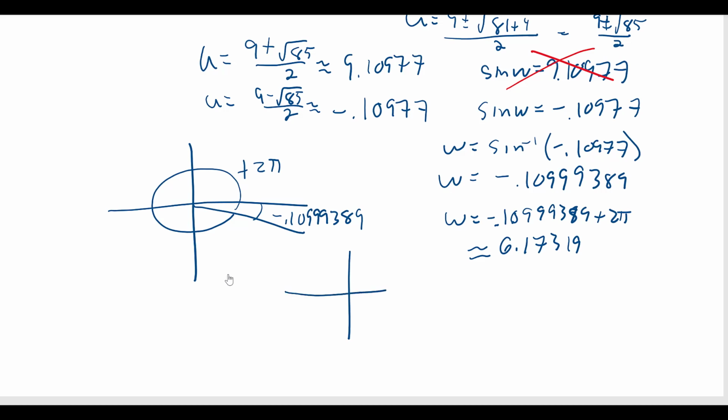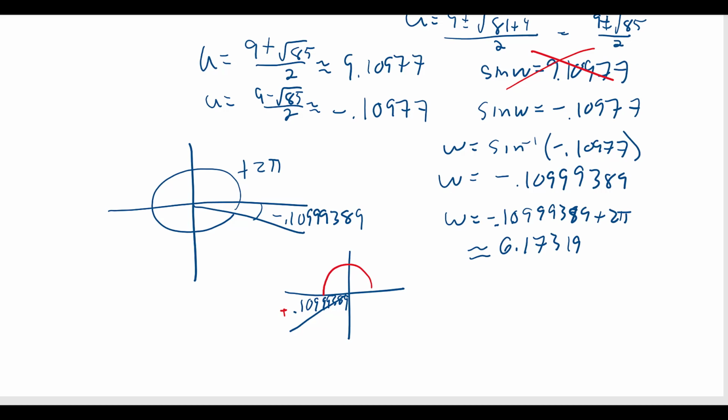The other one, we're looking at places where sine's negative, and that third quadrant is also negative. So the reference angle, excuse me, would be 0.10999389. So to get this one, we're looking at pi plus that amount.